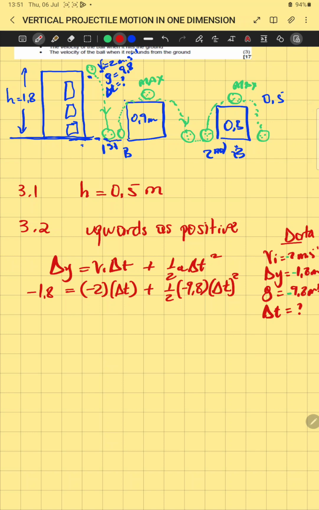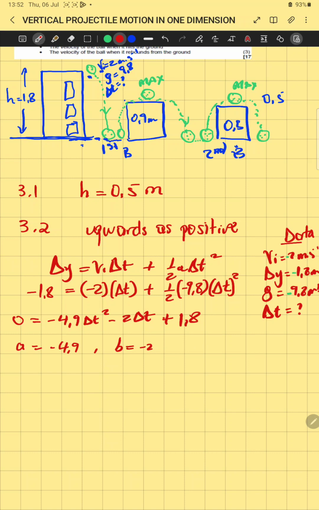Okay, so now we're going to take this one, then we equate to 0, and then that means we're going to have negative 4.9 delta t squared, and negative 2 delta t, and then plus 1.8. We're just going to transpose this to the side, and then we note that the value of a is negative 4.9, and the value of b is negative 2.